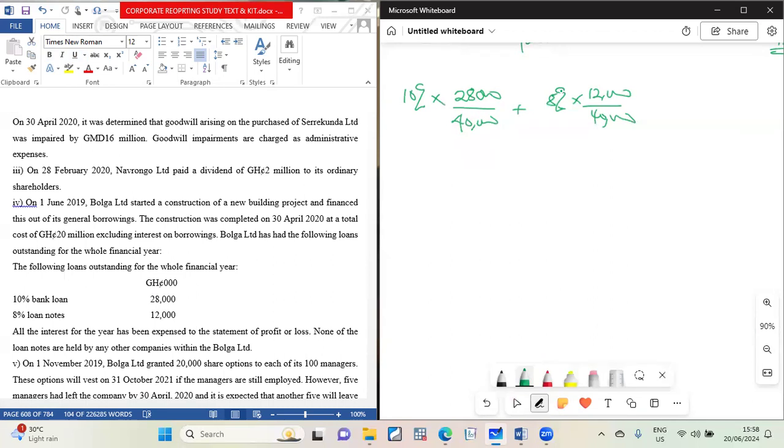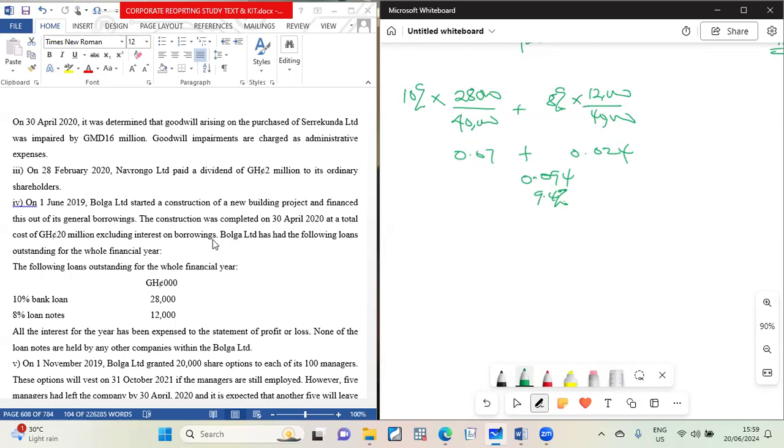So if I do 0.1 multiplied by 28,000 divided by 40,000, that gives me 0.07, plus 0.08 multiplied by 12 over 40, and that gives me 0.024. If I add it to 0.07, I have the capitalization rate to be 0.094, basically 9.4%. Now, once I have my general rate of 9.4%, I need to multiply it by the fund that has been borrowed.